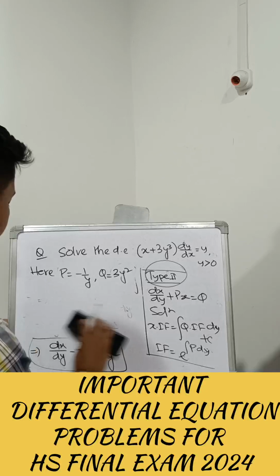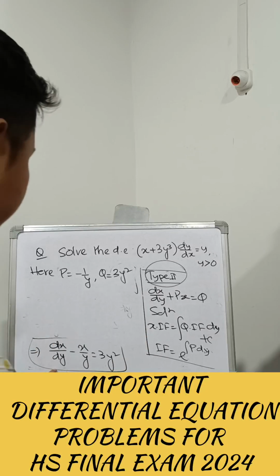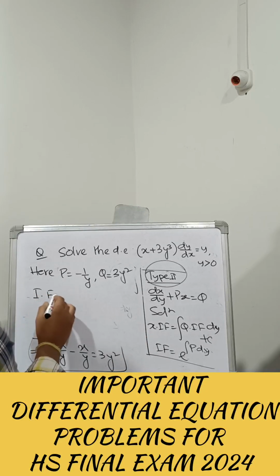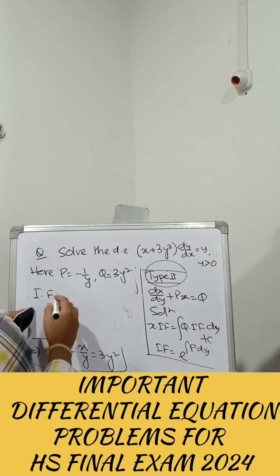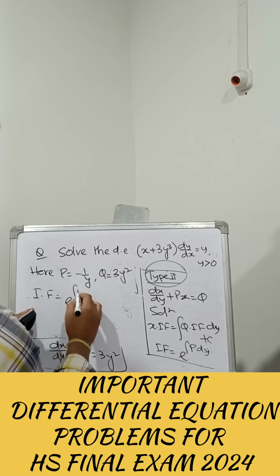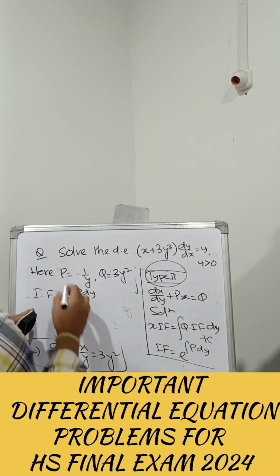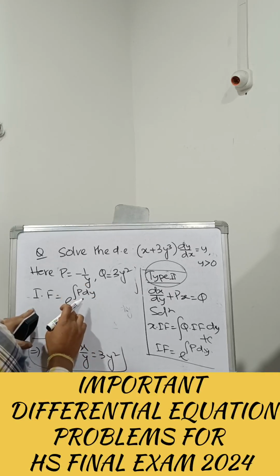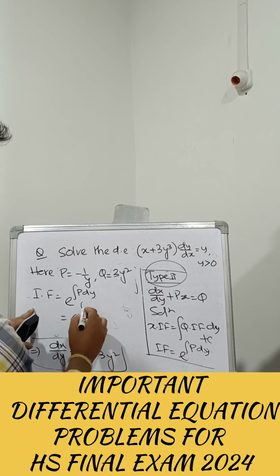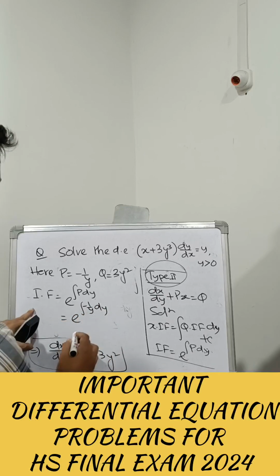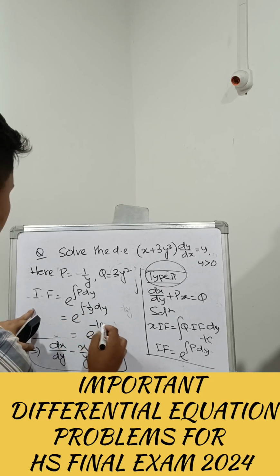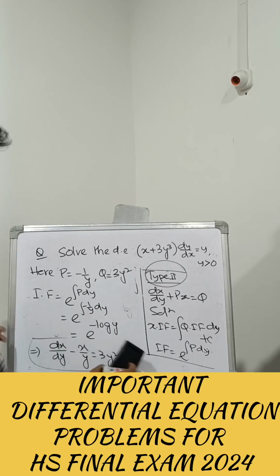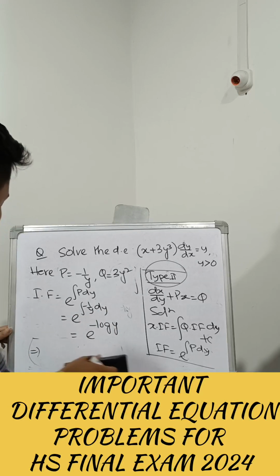For this type of linear differential equation, the integrating factor is e to the power integration p into dy. Here p is minus 1 by y. By putting the value of p, we have e to the power integration minus 1 by y into dy. From here we have e to the power minus log y, since integration of 1 by x into dx is equal to log x.